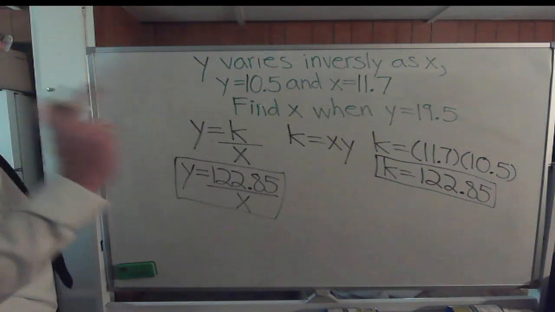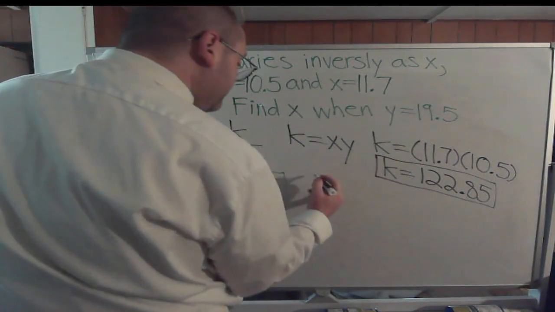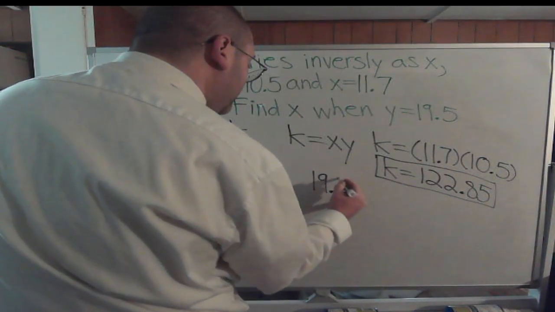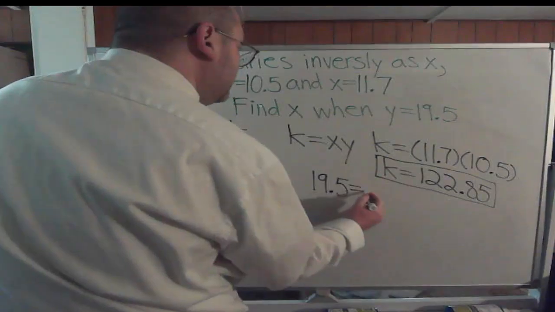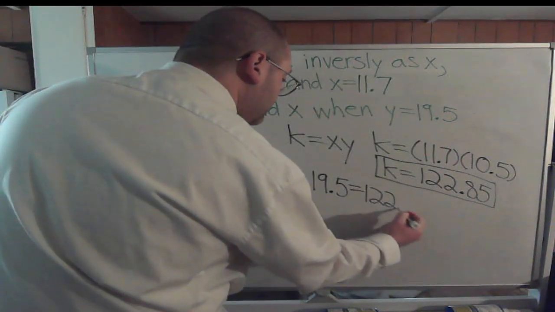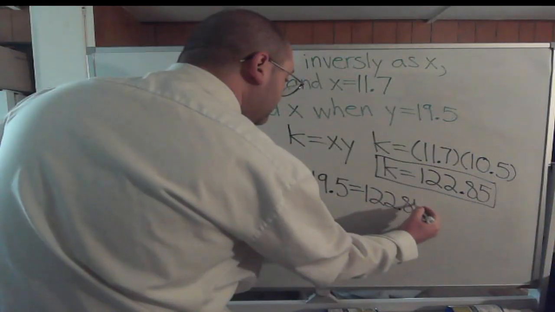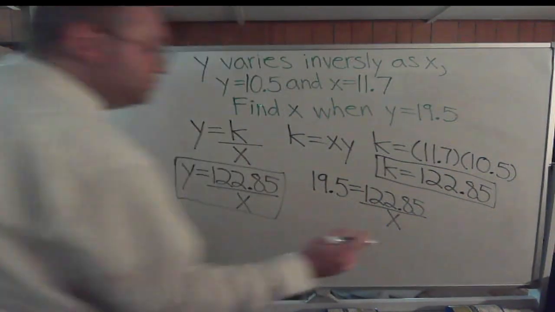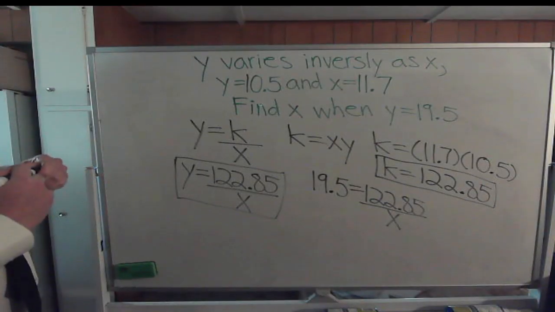So we're finding x. They give you y as 19.5, so plug that in. 19.5 equals 122.85 divided by x, because x is the value we don't know that we're trying to find out.